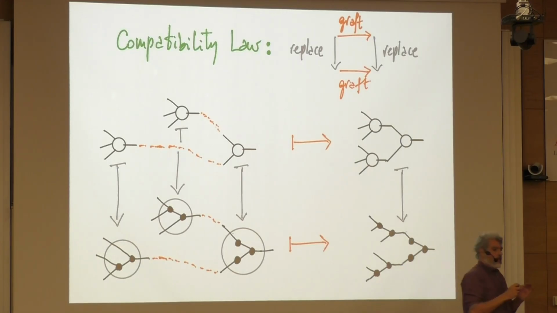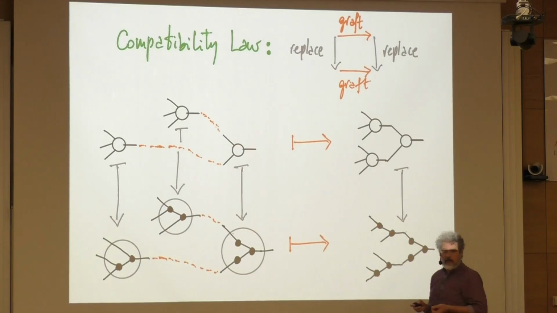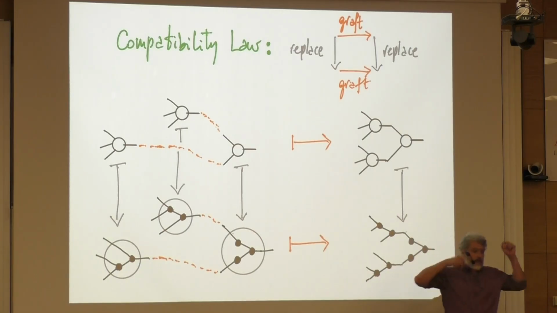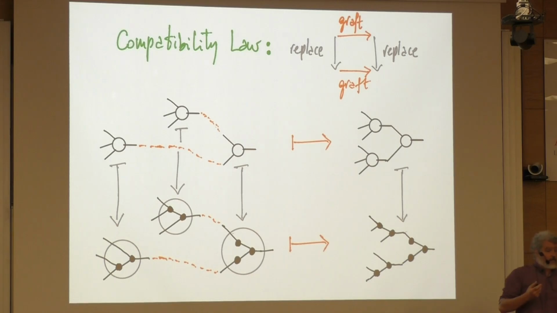For the purpose of an opetopic structure, or multi-categorical structure, we need to understand in which context we are and to state this compatibility. And so that's what I'm going to do next. We also know this from 2-dimensional category theory, like the interchange law of 2-categories of the same form. It's a compatibility between vertical composition and horizontal composition.